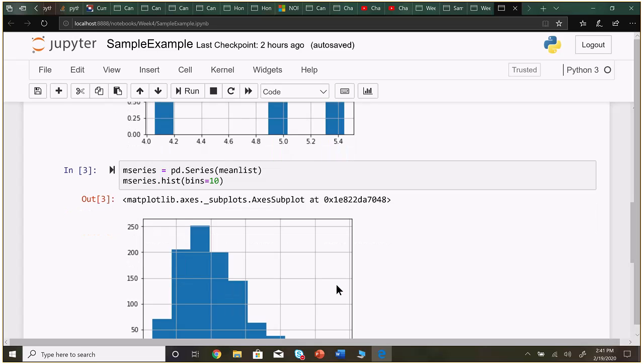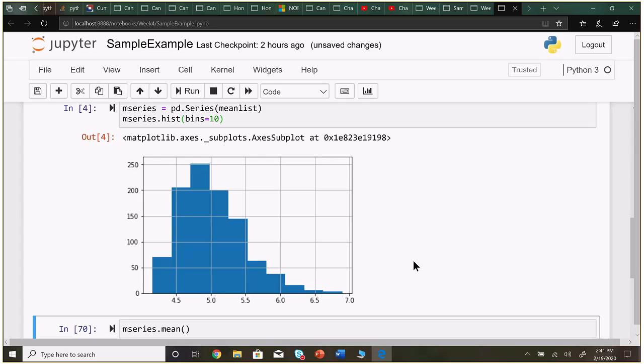Does that look a little less normal? Yeah, it does. You notice how we're starting to see the underlying distribution, one that looks more like the exponential distribution, which just starts and then tails off in that direction.